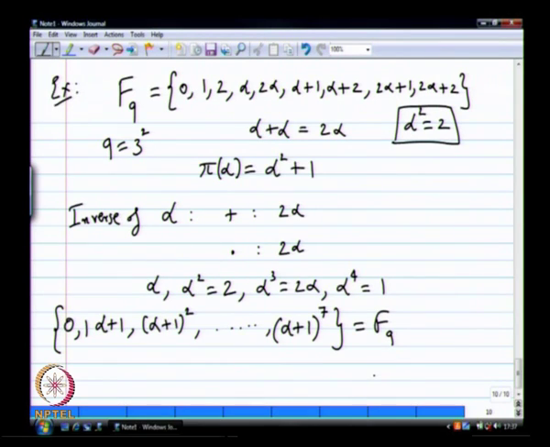I believe this is the same as F9. A nice way to check that is to see if alpha plus 1 power 4 is 2. That's a nice way to check that.